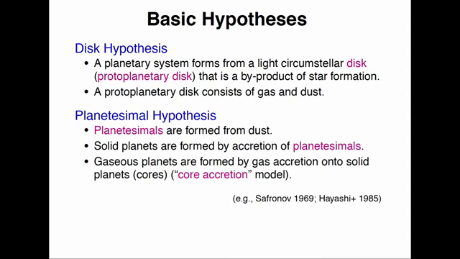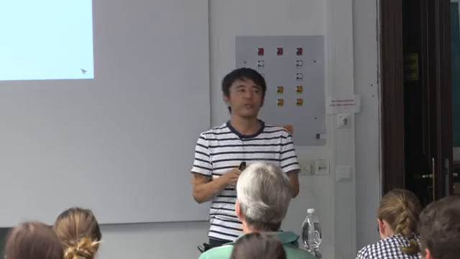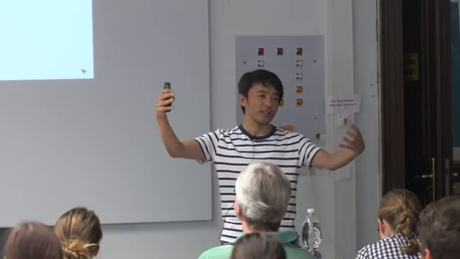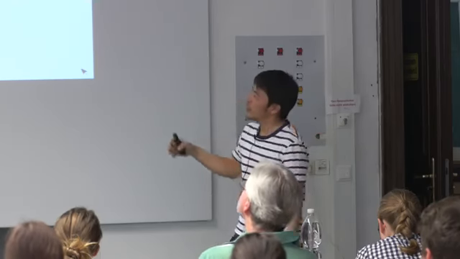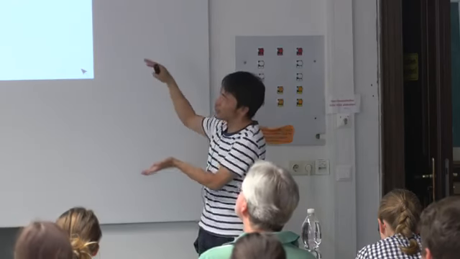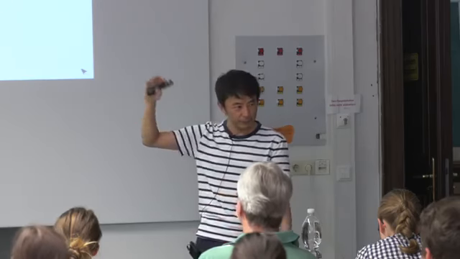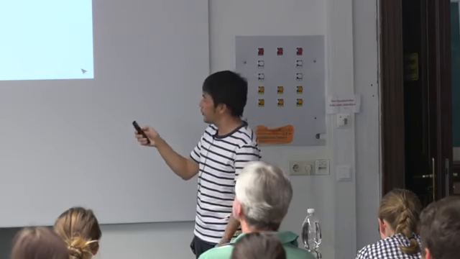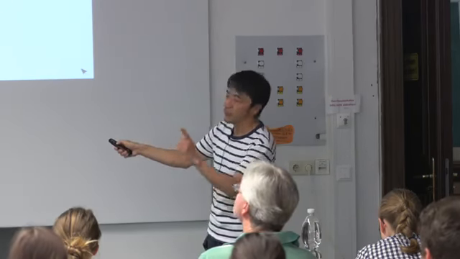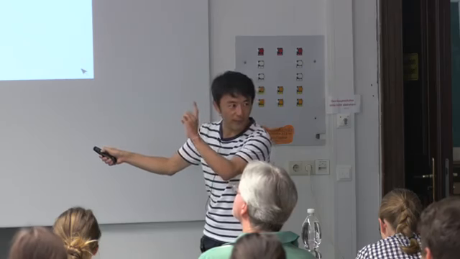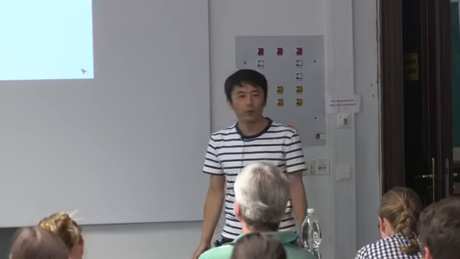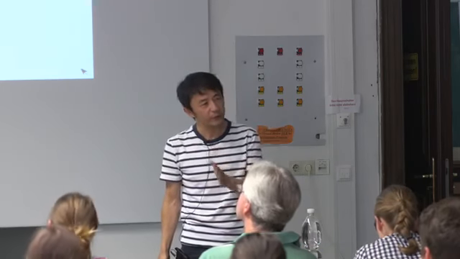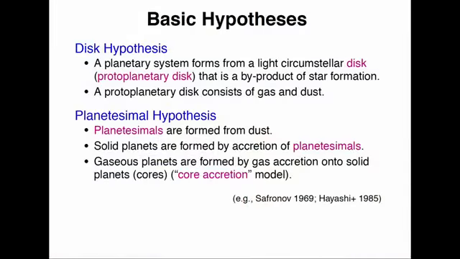Then the core becomes big enough to capture gas from the protoplanetary disk by its self-gravity. So the formation of gas giants is kind of two-step: first we form a core, then the core accretes gas.